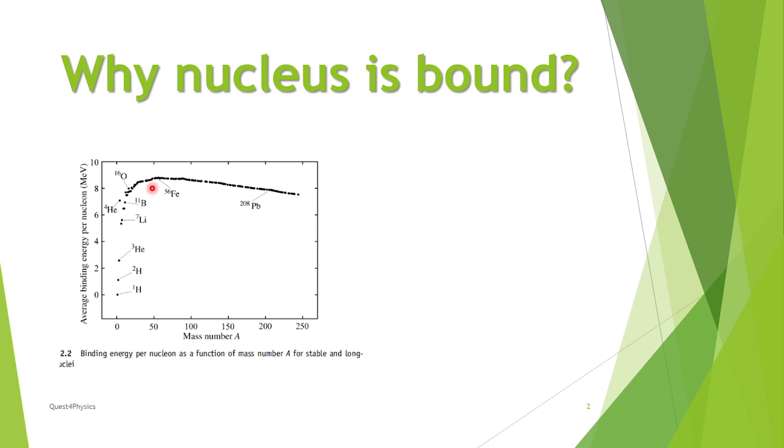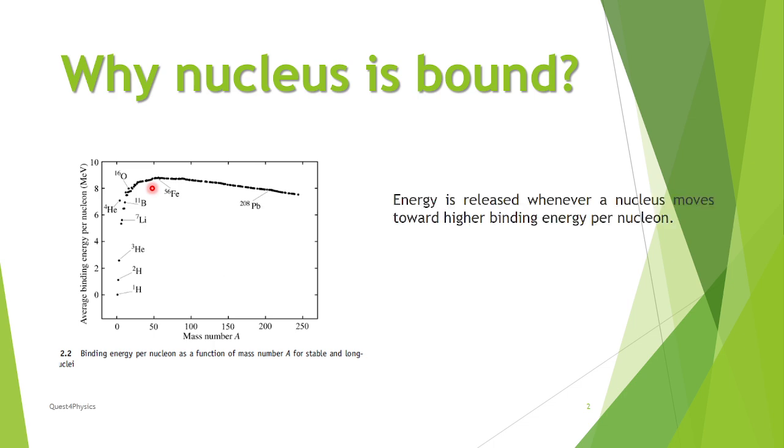This happens because the strong nuclear force is short range and attractive, and each added nucleon finds many neighbors within this short range. As a result, the total attractive nuclear interaction increases and energy is released during the formation of these nuclei. In other words, energy is released whenever a nucleus moves toward higher binding energy per nucleon.